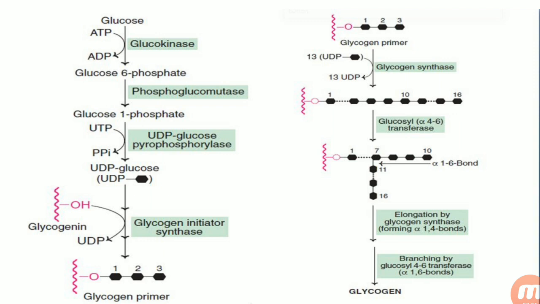For the branching, we use the other enzyme, that is glucosyl alpha 4,6 transferase. With the help of glucosyl alpha 4,6 transferase, it cleaves a 1,4 bond having 5 to 6 or 5 to 8 residues of glucose, and then that fragment is attached somewhere on the glucose chain by forming a 1,6 glycosidic bond. With the help of these two enzymes, glycogen synthase and glucosyl transferase, this elongation and branching takes place until the glycogen structure is formed.